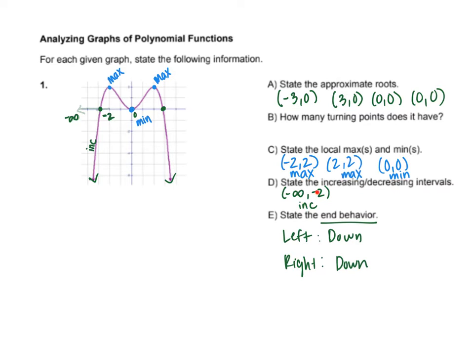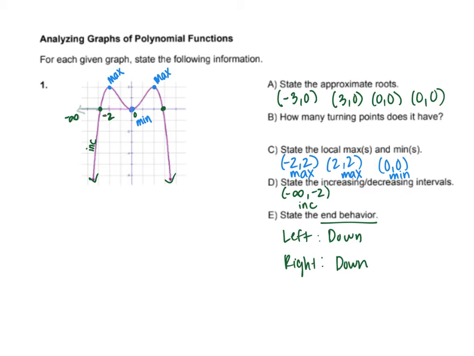It's just sitting there. So you don't want to count that -2 to be increasing because it's not increasing at -2. It's about to basically either drop or increase. So then after -2, it looks like this is sloping down, so it's decreasing, and it's decreasing until x is 0. So if I grab another highlighter here, it looks like from -2 to about 0.